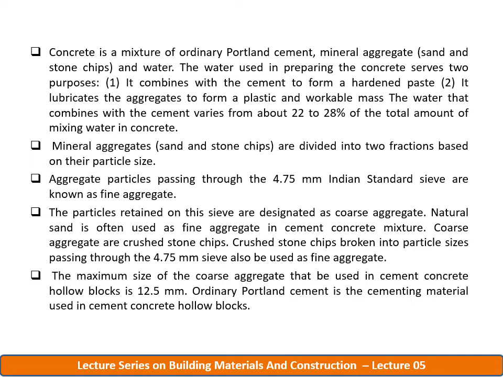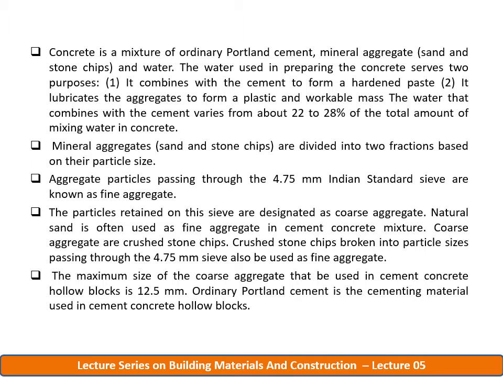Crushed stone chips broken into particle size passing through 4.75 mm may also be used as fine aggregate. The maximum size of the coarse aggregate that can be used in cement concrete hollow block is 12.5 mm. The particle size of the coarse aggregate should not exceed 1/3 of the thinnest web of the hollow block.